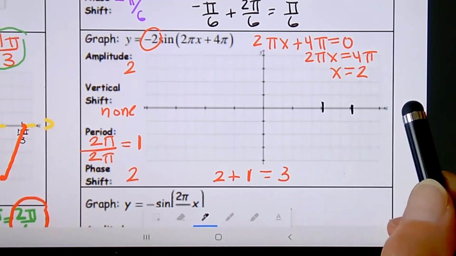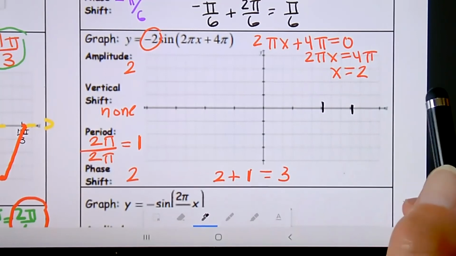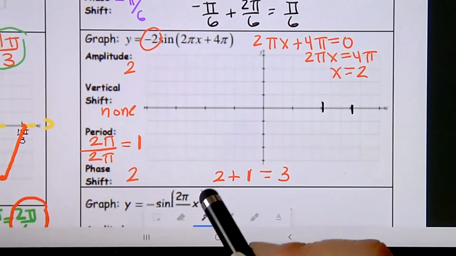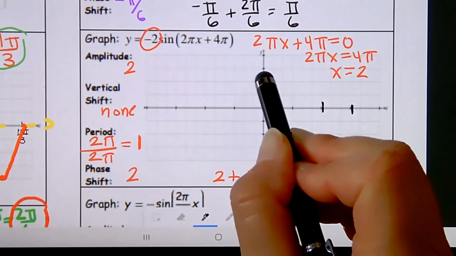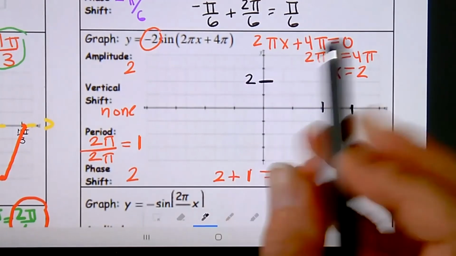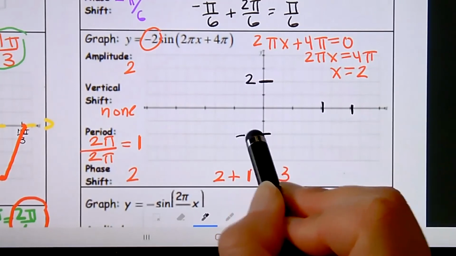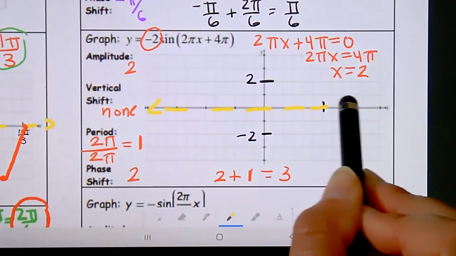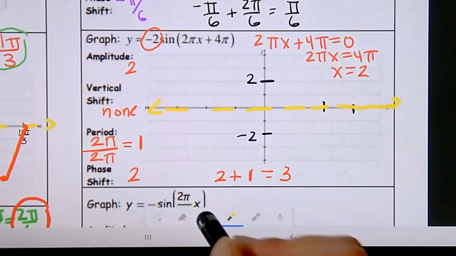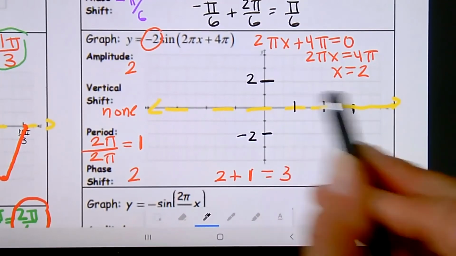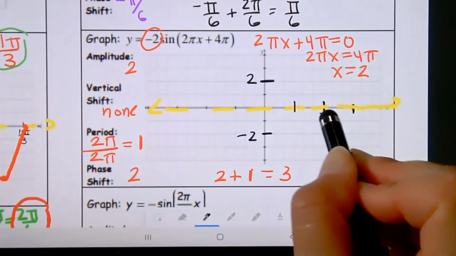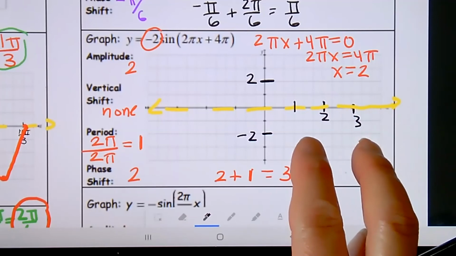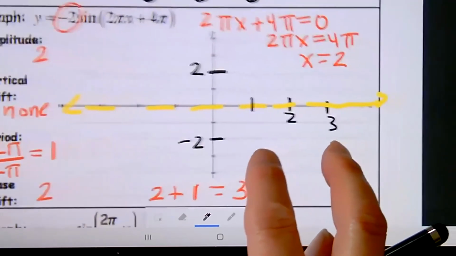My vertical shift is none, but I know I'm going to be going up and down 2, so I'm going to be at 2 and -2. And again, let me draw in my vertical shift. So this would have been 1, this is 2, this is 3. I'm going to zoom in a little bit.